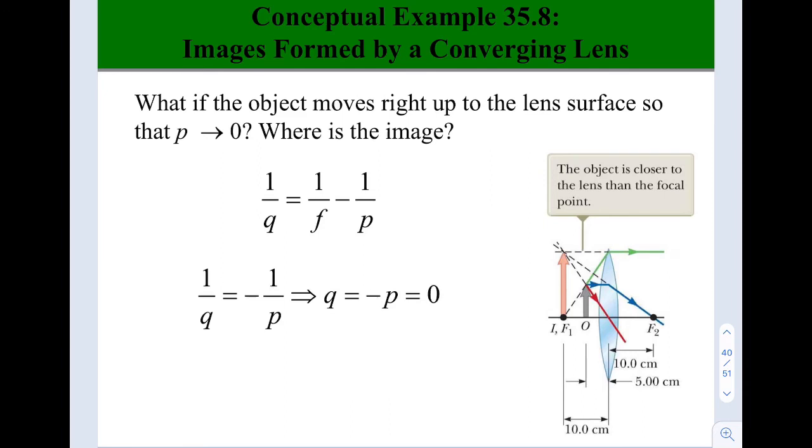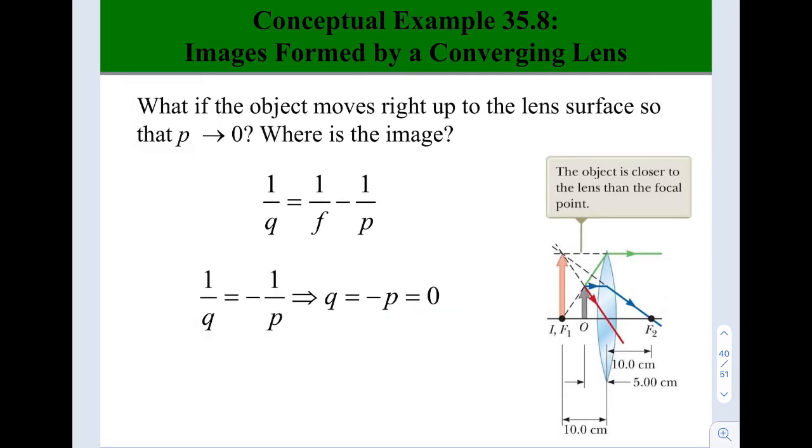So what if the object moves right up to the lens surface so that p is approaching 0? Where is the image? Again, we use 1 over f equivalent to 1 over p plus 1 over q. From here, determine your 1 over q, and finally you get q equivalent to negative p, which is equivalent to 0.